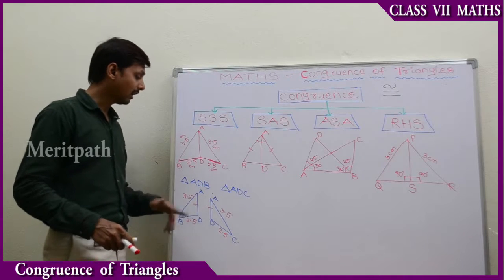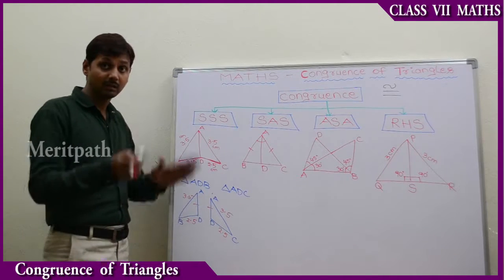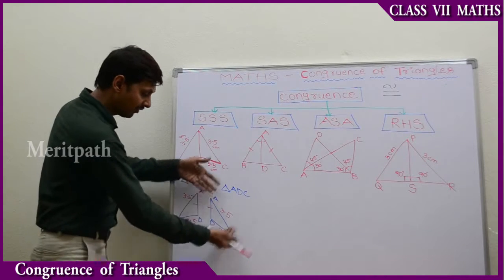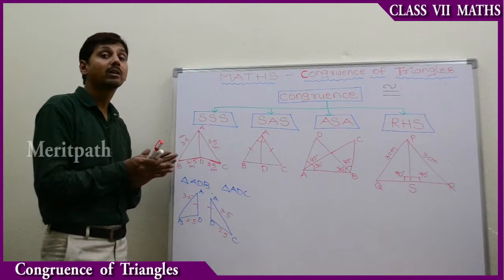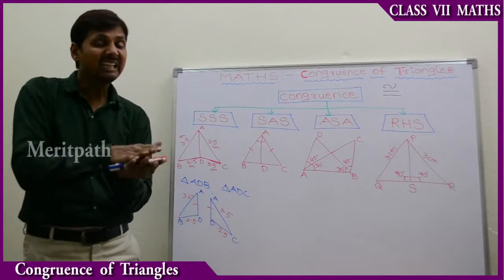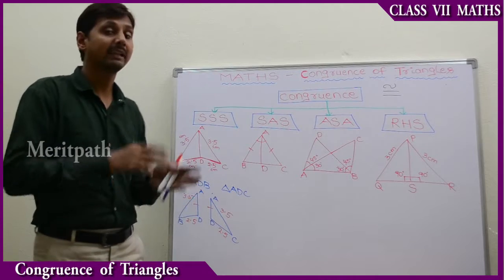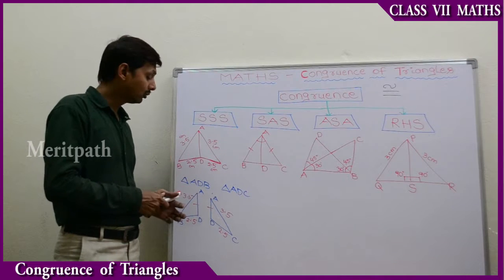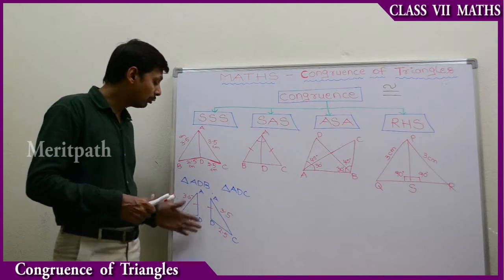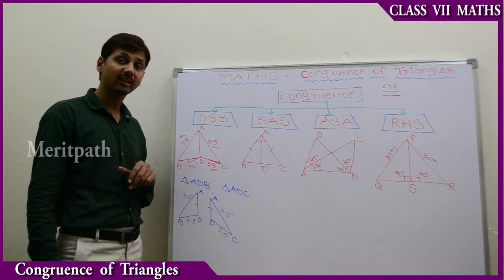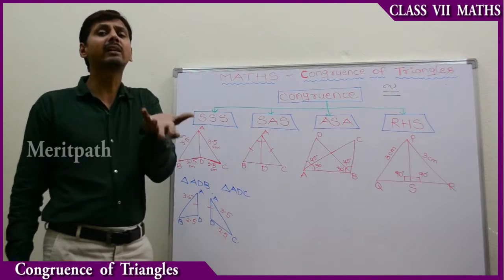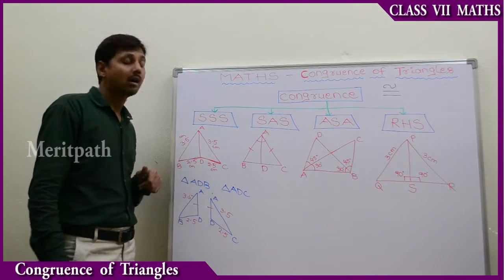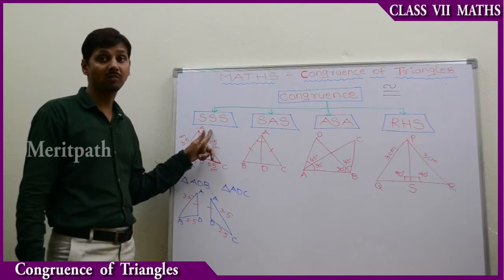When we flip one of the triangles, both are congruent to each other, and we can place one on the other. They are exactly the same size and shape, and in measurements they are equal. So we call that congruency, and when the corresponding sides are equal, they are congruent using the criterion rule of the triplets property.